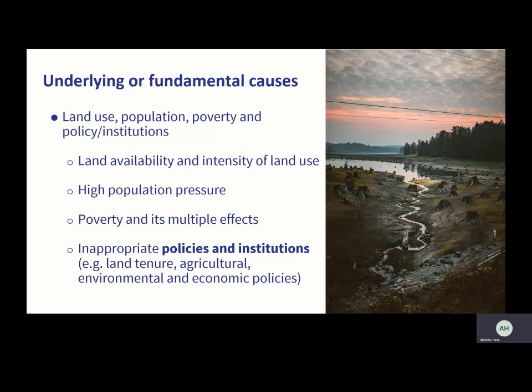Finally, what governments do in terms of the rules they put, what we call institutions, and also the policies they make in the form of how they manage people's behavior in terms of what they buy and sell and how and so on, all the policies are important. So in many countries, land tenure is not necessarily secure. So if you have land in Western Australia, then it's your land.